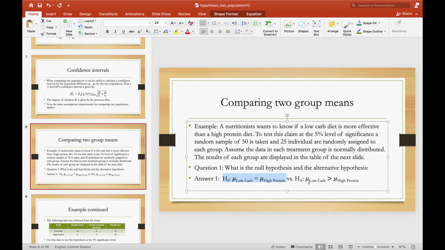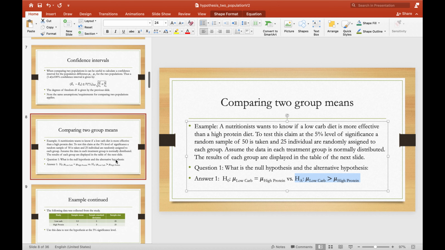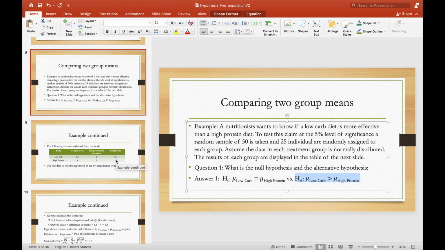The researcher here believes that the low-carb diet is more effective than the high-protein diet. So that's what the nutritionist wants to prove, and that's our alternative statement. So typically what the researcher wants to prove is our alternative hypothesis, and it has to be expressed in one of those two forms.